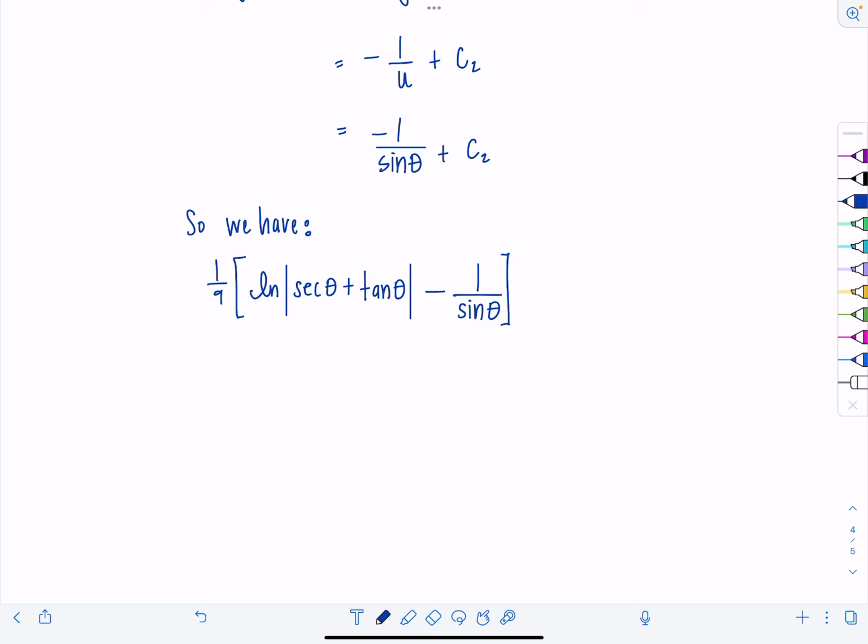Okay, and then I'm going to put plus k. Why the heck am I using k? You'll see. In here I had c1 plus c2, right? If I put my constants together, but then I multiplied by 1/9, then if we're going to be very precise, which we always are, k equals 1/9 times c1 plus c2.